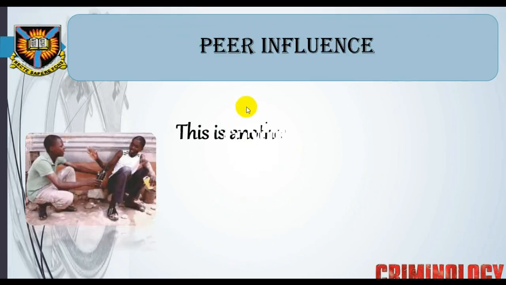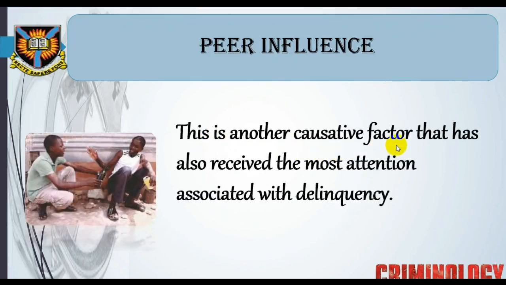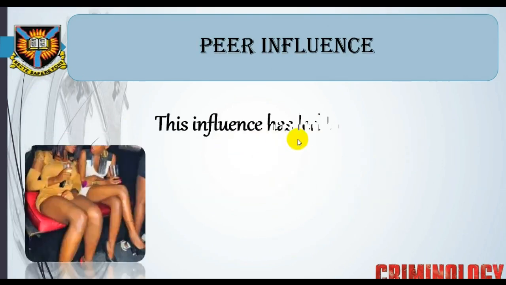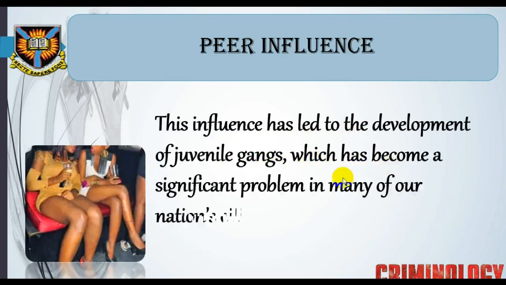2. Peer influence. This is another causative factor that has also received much attention associated with delinquency. This influence has led to the development of juvenile gangs, which has become a significant problem in many of our nation's cities.